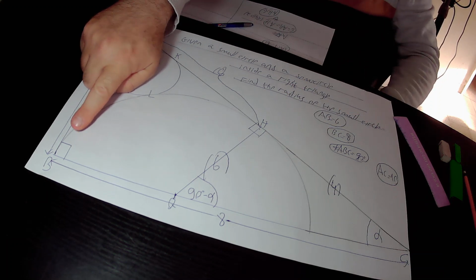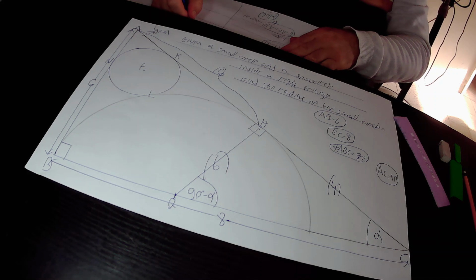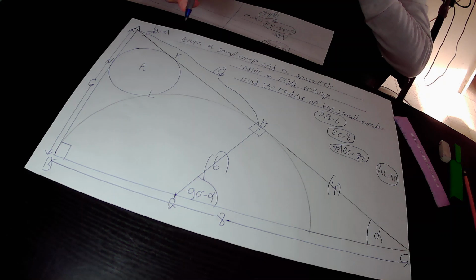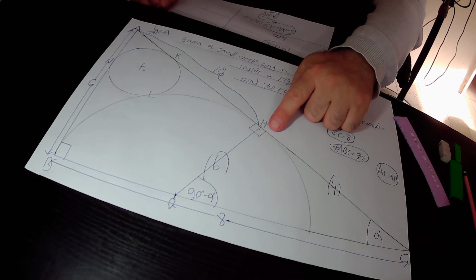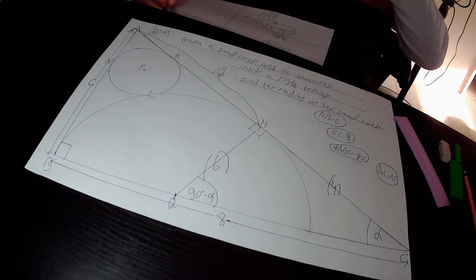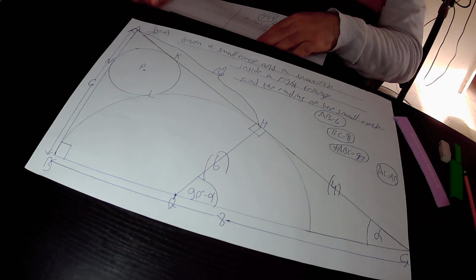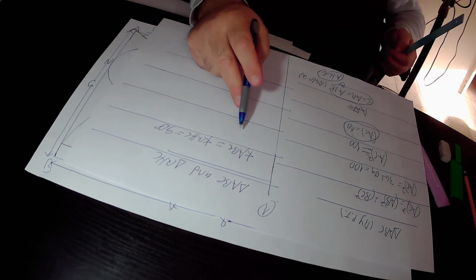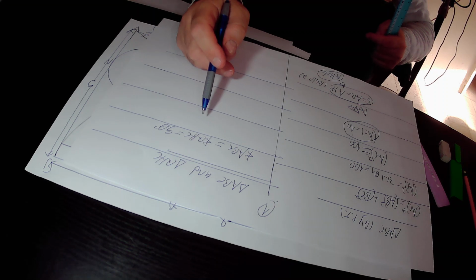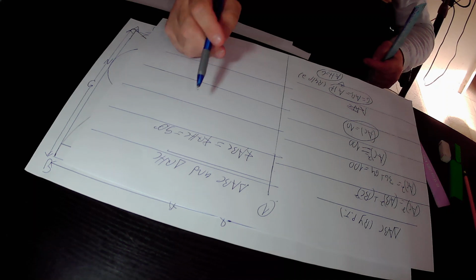So actually this is angle ABC in the big right triangle ABC, and it is equal to this angle, which is angle QHC in the small right triangle HCQ. So to repeat again, angle ABC in the big right triangle ABC equals angle QHC in the right triangle CHQ. They are both equal to 90 degrees, therefore they are equal to each other.